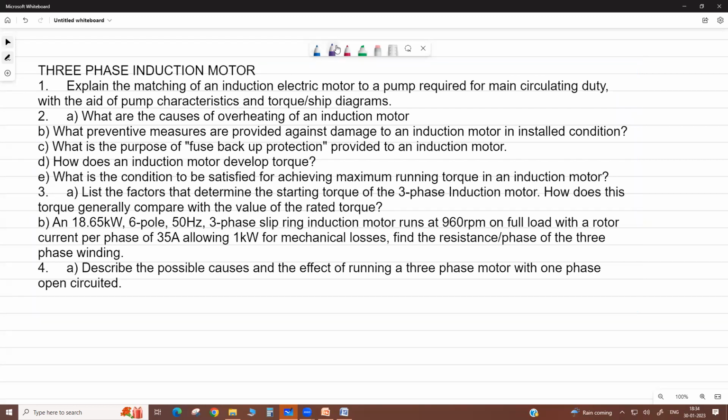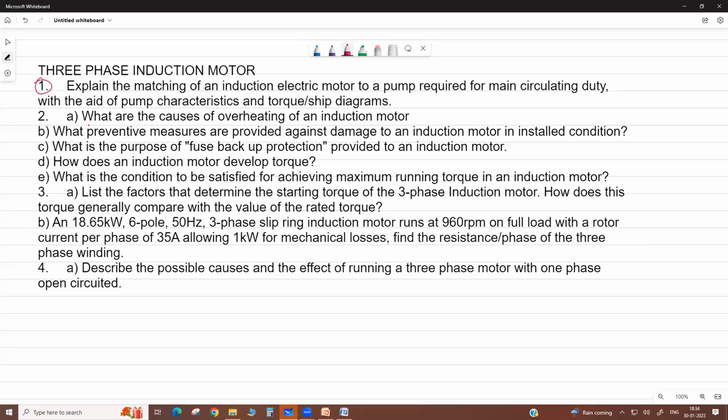Some design questions will be asked, same as the one asked for the blast thruster pump motor, where you have to design the switchgear, cable and motor protection.